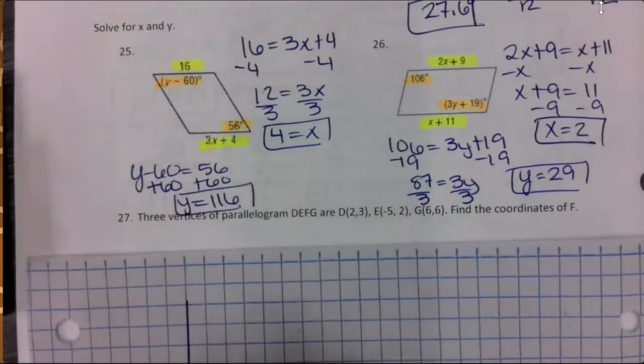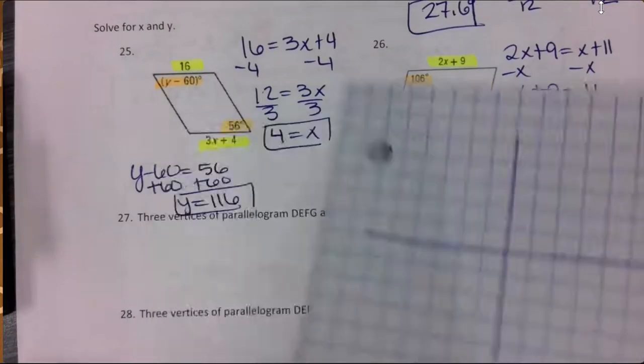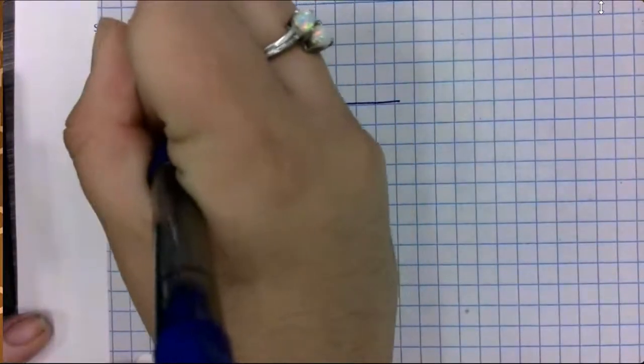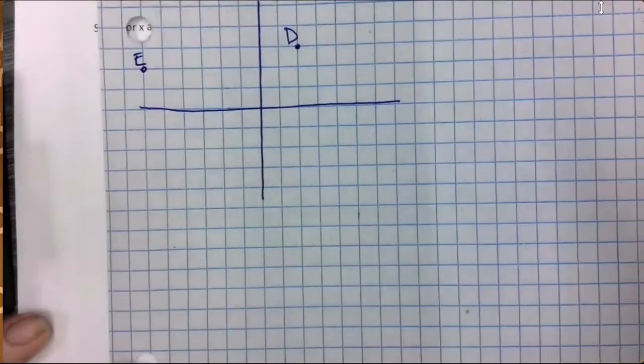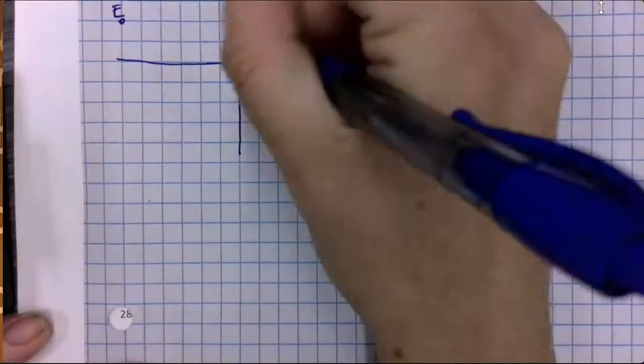So I'm going to start off by drawing my coordinate plane. My first point is 2, 3. My next point is negative 5, 2. And then 6, 6.